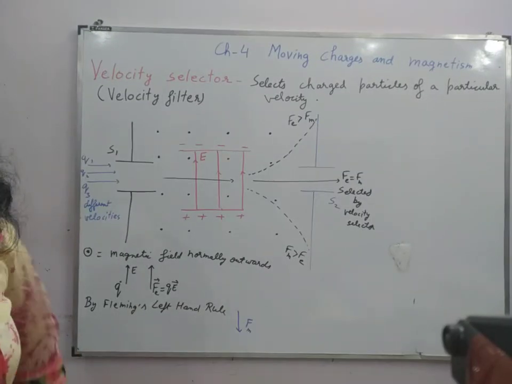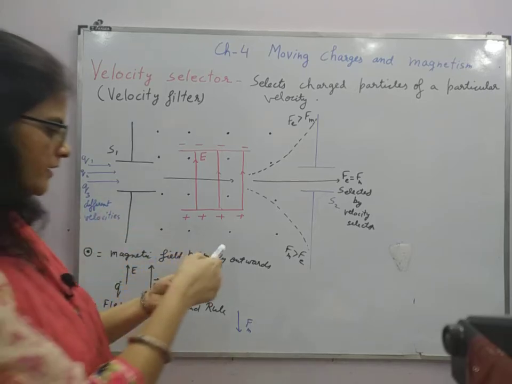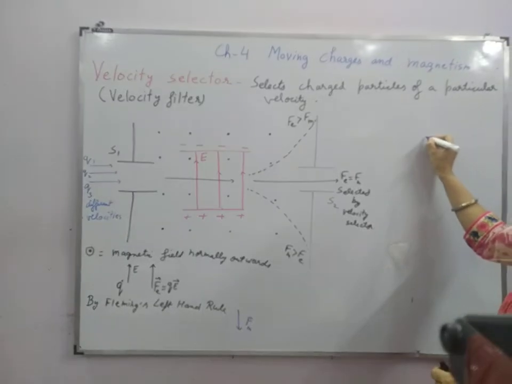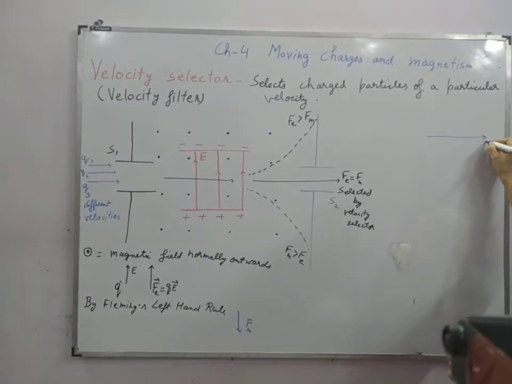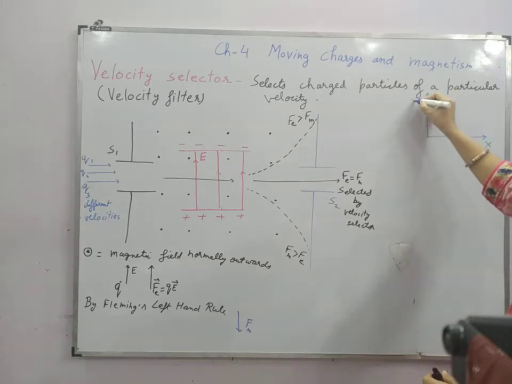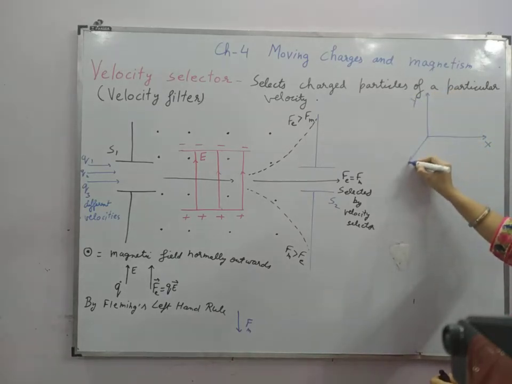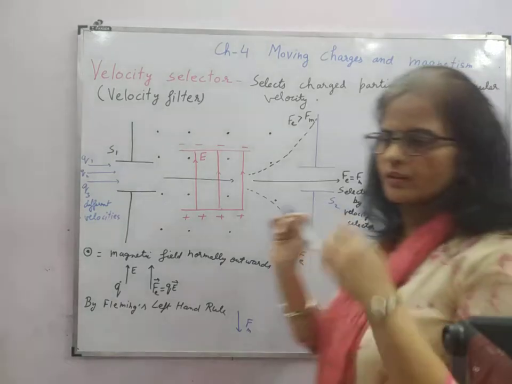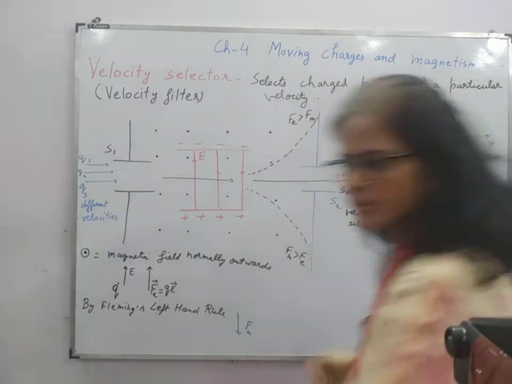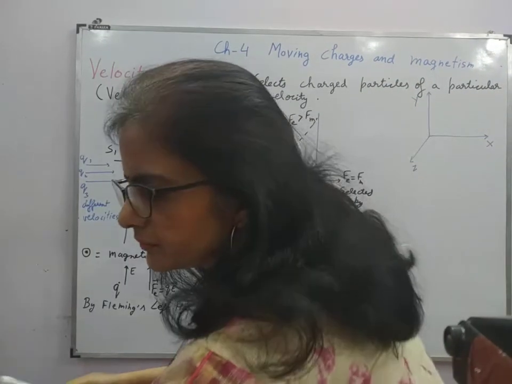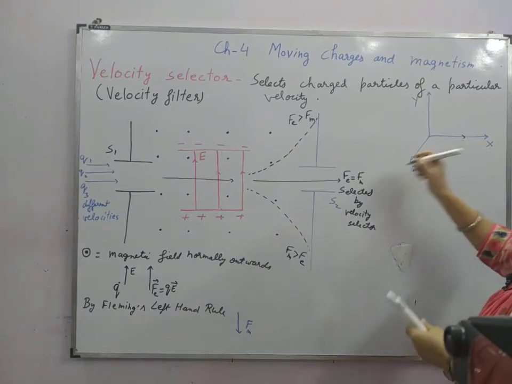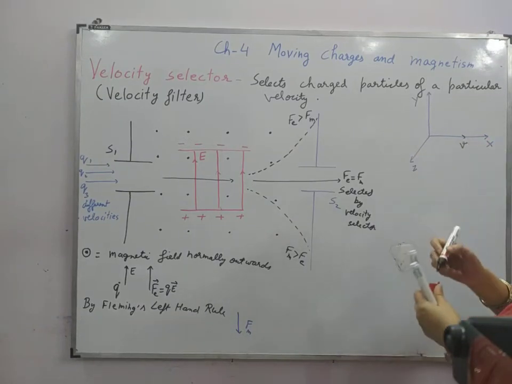Let's draw a graphical representation for this. If we consider this as x-axis, this as y-axis, and this as z-axis, right? So this direction is the direction of velocity.